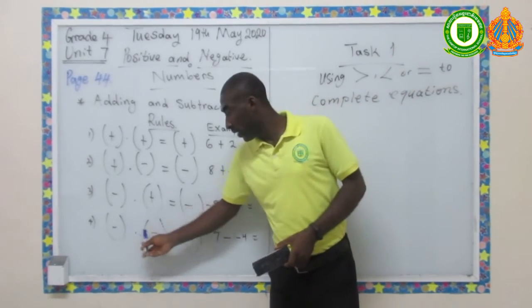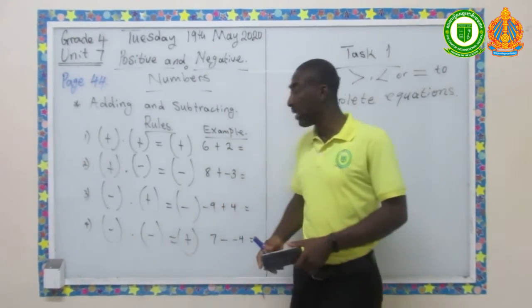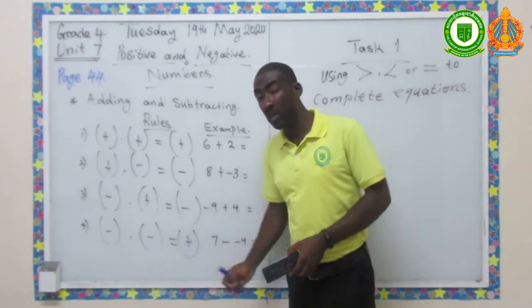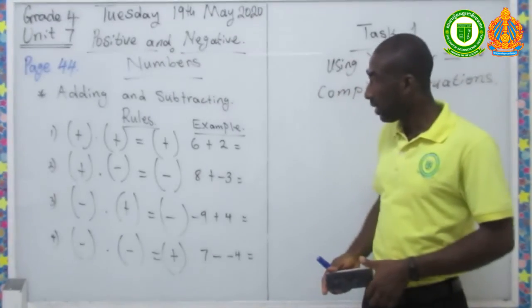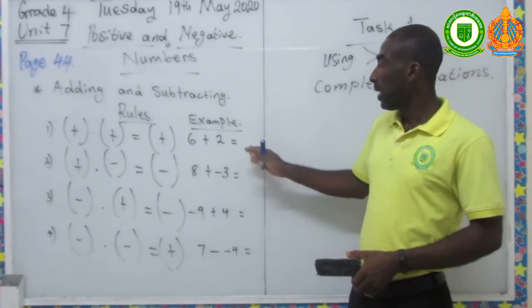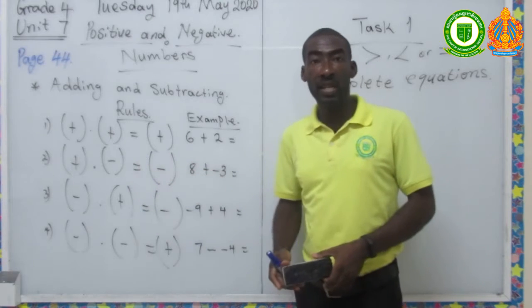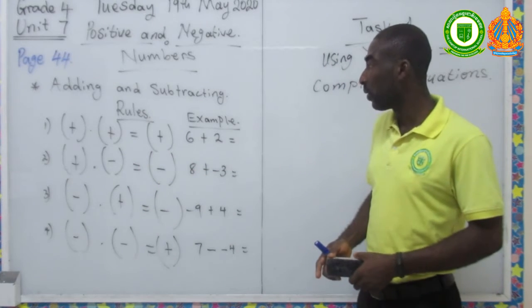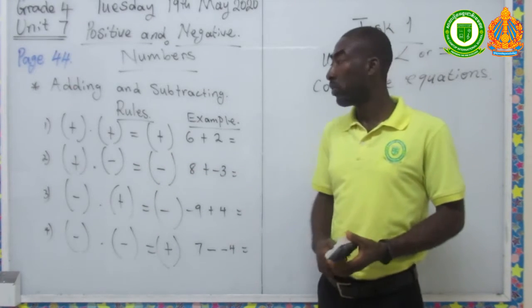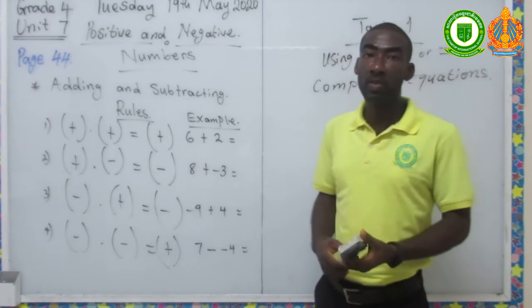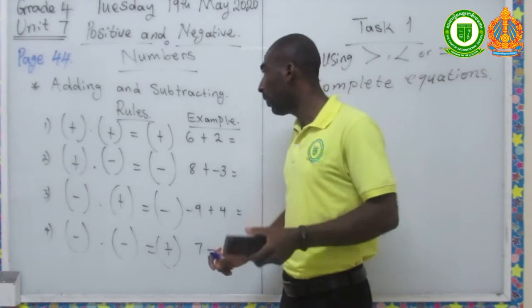So 2 negative signs coming together by addition or by subtraction is going to change to become a positive sign for you. So these are the 4 examples that we can relate to the rules. Let's go through our examples so that we'll know how the rules apply when you have real figures that you are dealing with.